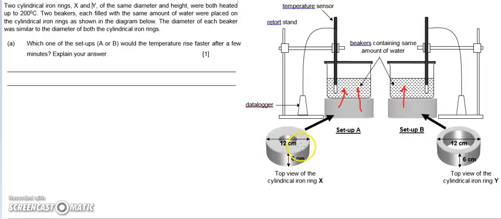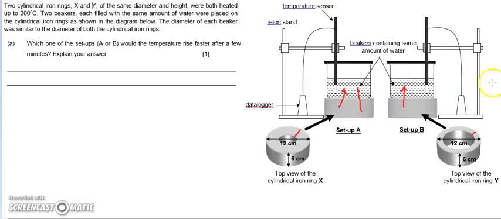Why? Because X is thicker than Y. So even though the temperature is the same, the amount of heat that X can hold is definitely much more than what Y can. So remember, temperature is how hot something is, but temperature and heat are not the same.